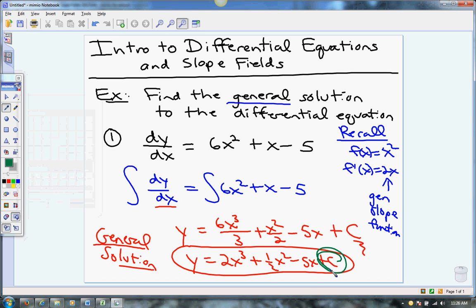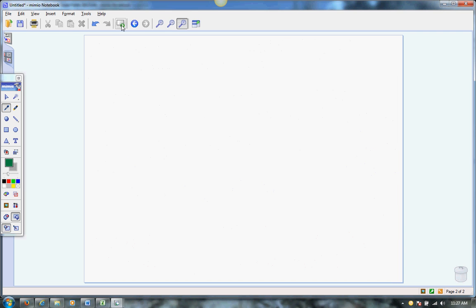Well, sometimes we will be given enough information to find out what c is. Let's add something to this problem number 1. Let's say, for problem number 1 that we just did, I was given that f of 0 equals 2.